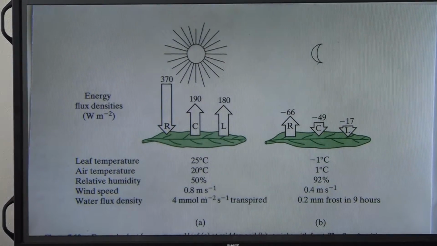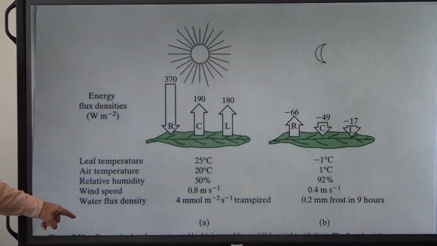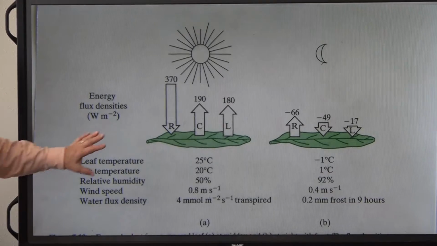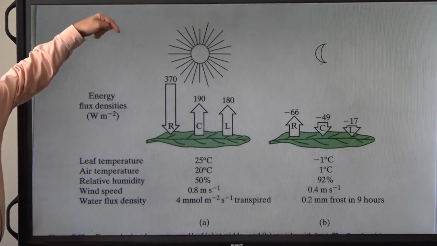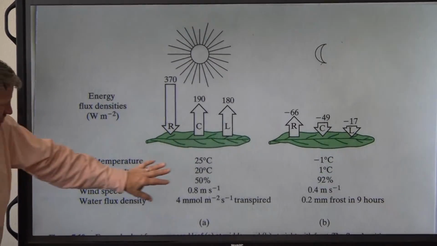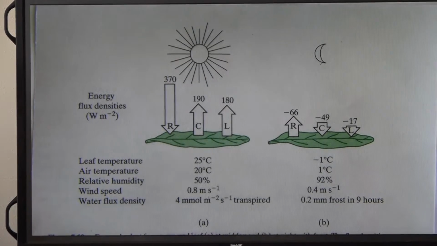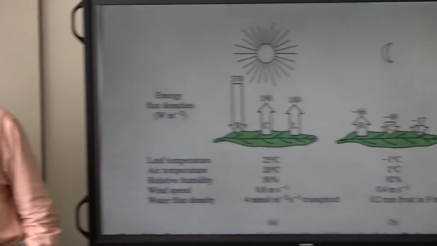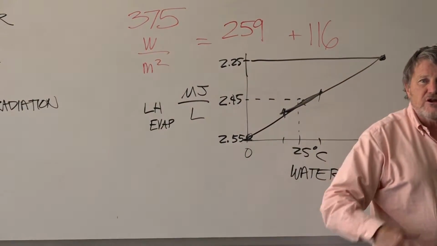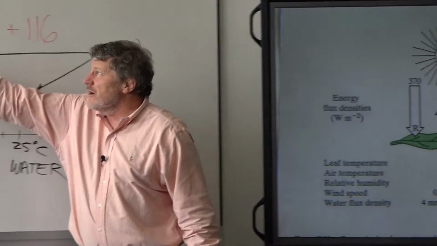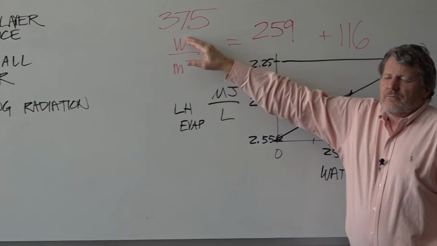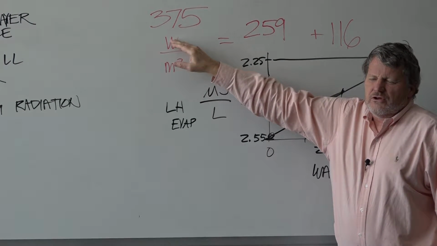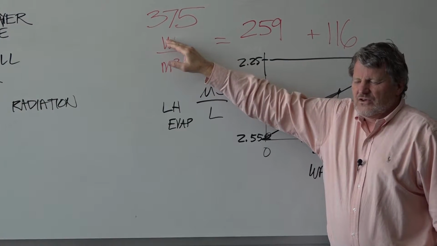So here's big. Here's an example out of the book, daytime. Net radiation, and here are the conditions that we've measured with our instruments. 370 watts, well, coincidentally, we got 375, but they're similar numbers in the day. By the way, this number in the day probably goes from 300 to 500.